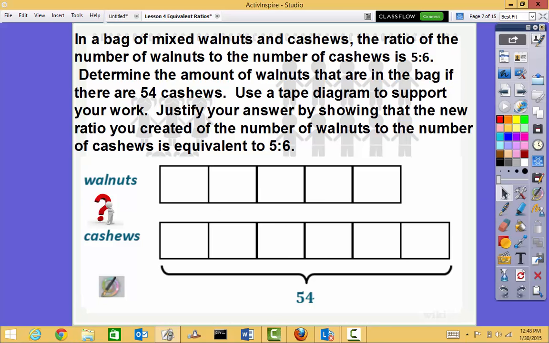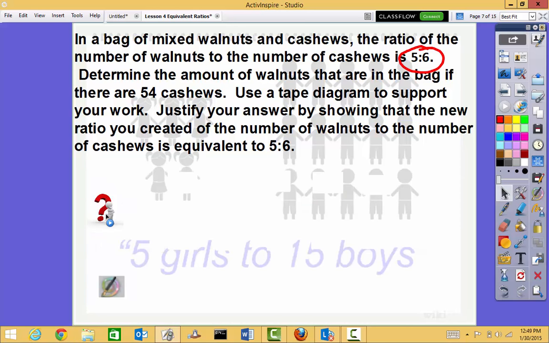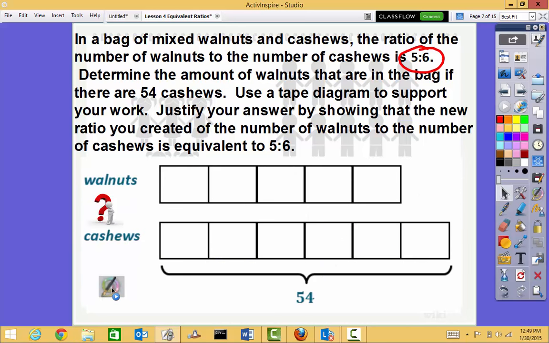So walnuts, my ratio, it tells me right at the top, is 5 to 6. So I have 5 walnuts, 6 of my cashews. But we need to show how they are equivalent. Well, this bottom part, they're telling me there's 54 cashews. So I can say these 6 things is the same as 54.